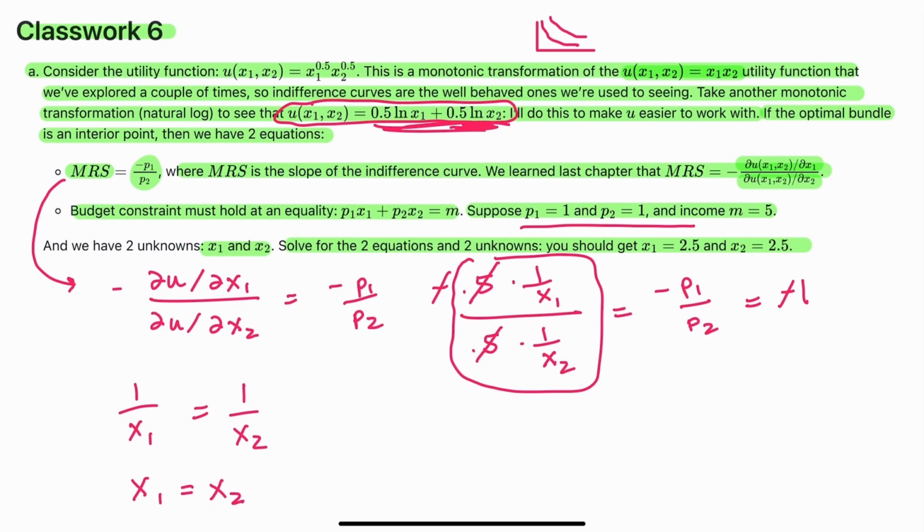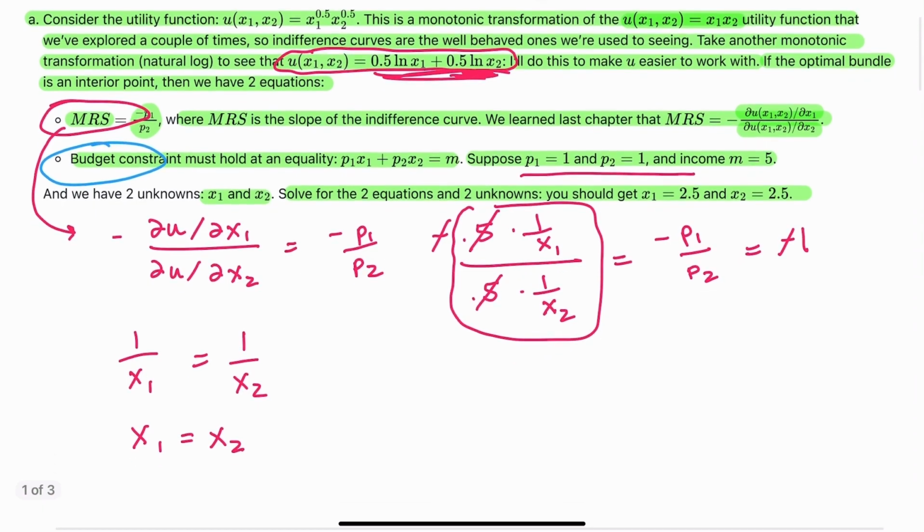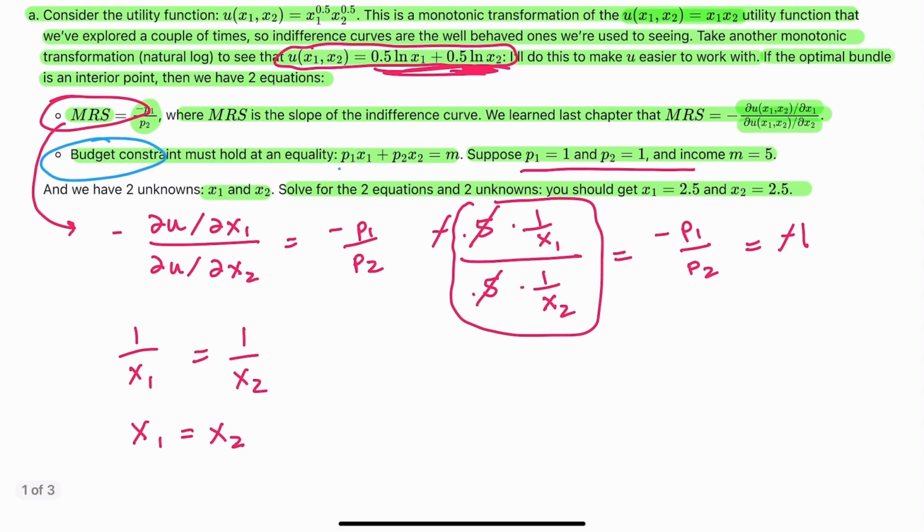So we've just been working on this first equation. Now I'm going to make use of the second equation, our budget constraint. Remember that P1 is 1 and P2 is 1. The budget constraint is x1 plus x2 equals the income 5. And I'm going to substitute in what we learned from the first equation, which is that x1 is equal to x2.